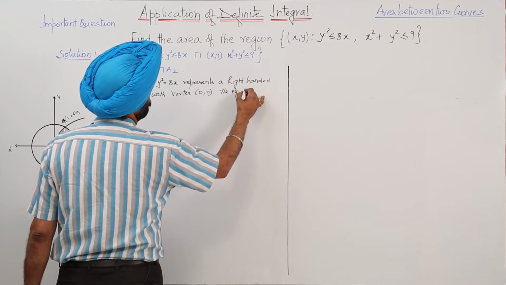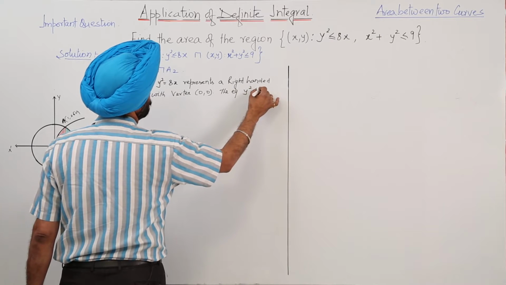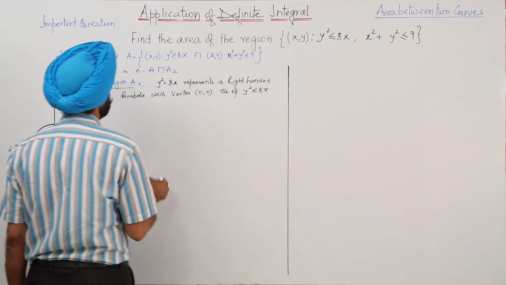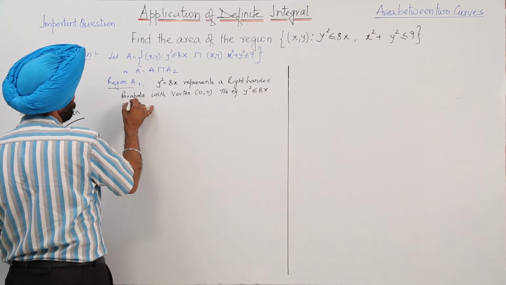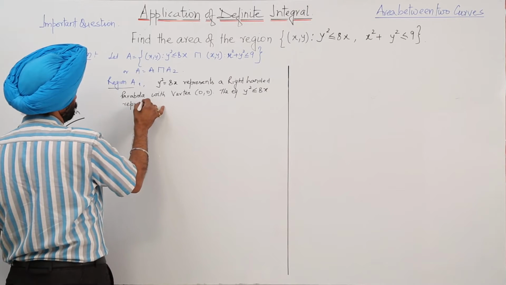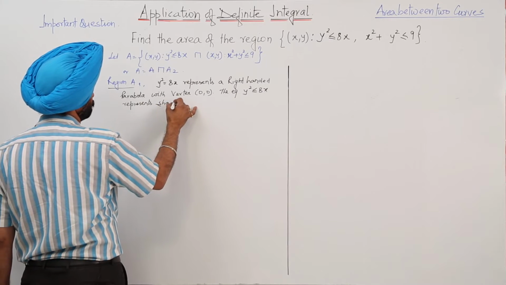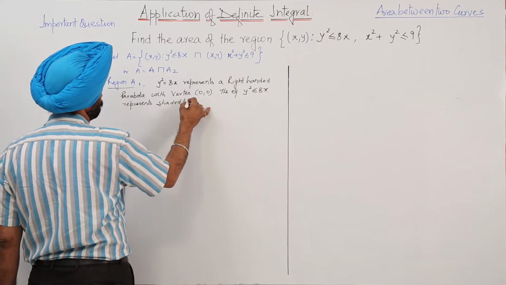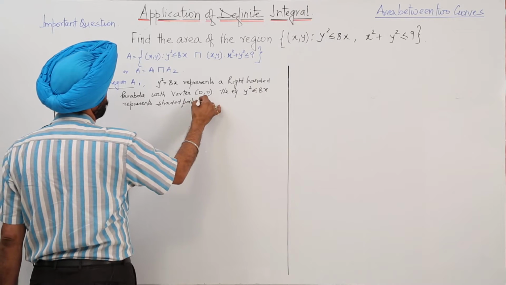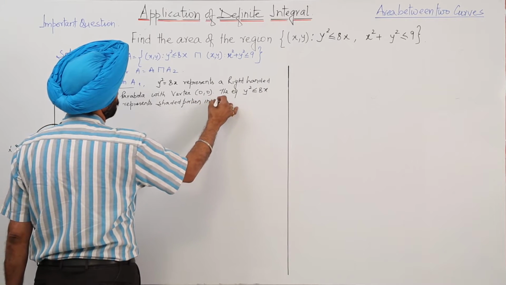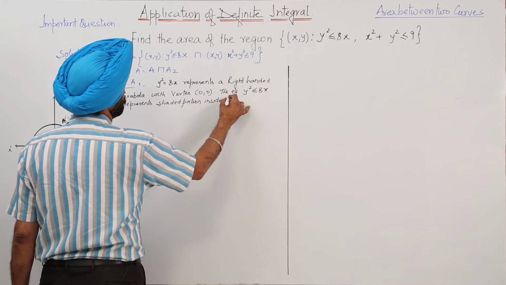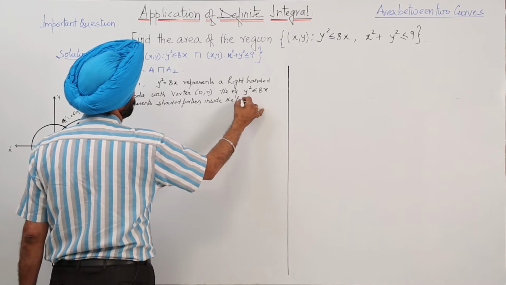The inequality y square is less than or equal to 8x represents the shaded portion inside the parabola.